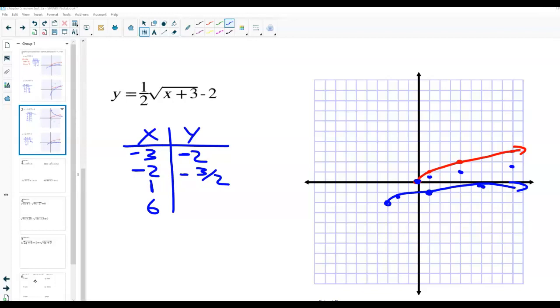The square root of 4 is 2. 2 times 1 half is 1. Minus 2 is negative 1. And finally, 6 plus 3 is 9. The square root of 9 is 3. 3 times 1 half is 3 halves. 3 halves minus 2 is negative 1 half. You can start to see the pattern there as well.